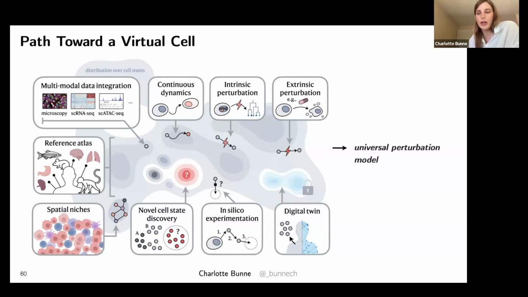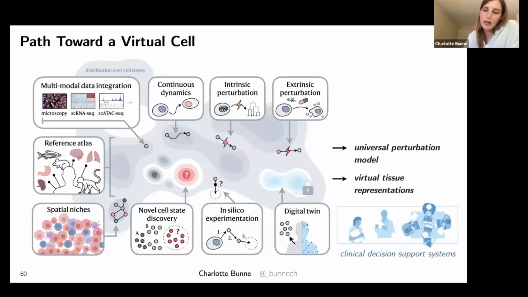This is what we are currently working on, something we call a universal perturbation model, as well as virtual tissue representation. This work was started by a future PhD student of mine when I was still at ETH, because these are going to be tools relevant to support clinical decisions, such as those running in the background of the clinical cohort study I mentioned earlier.